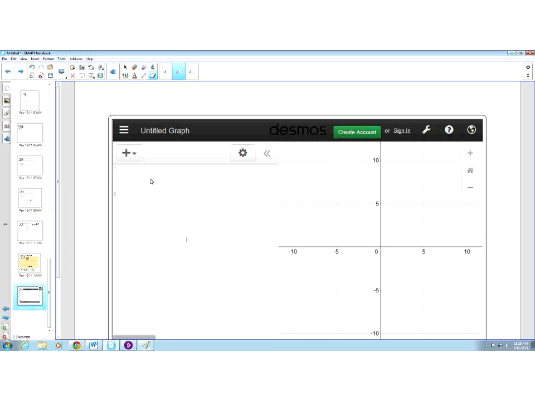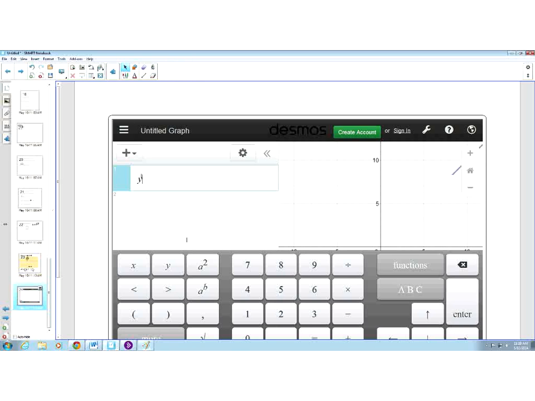And let's go ahead and graph y is equal to cosine x again. Go back to our favorite function. Or how about not cosine, let me use sine. I think sine will be easier at the outset. So let's make it sine x.